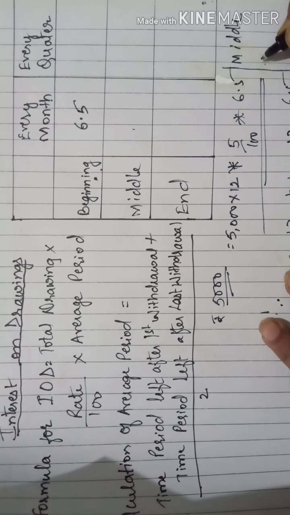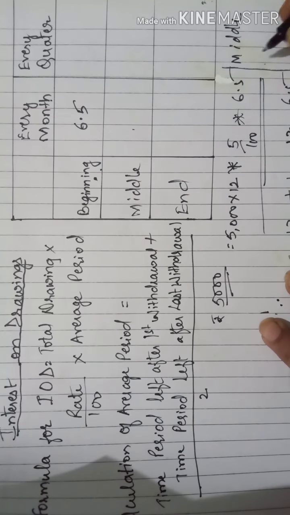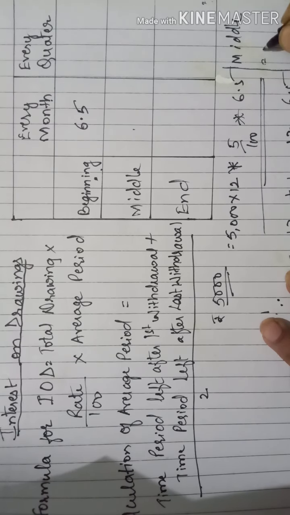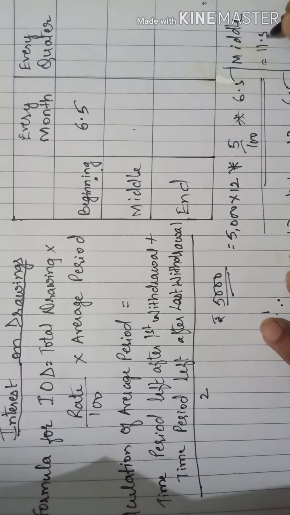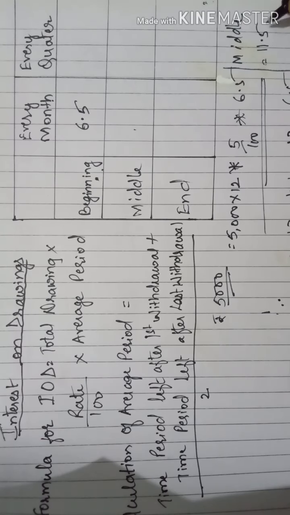If I check my time period left after first withdrawal, it will be 11.5. Why? Because I will withdraw on 15th April. So already 11 months are there, plus 0.5, half month of April. Then plus how many more months for the last withdrawal?